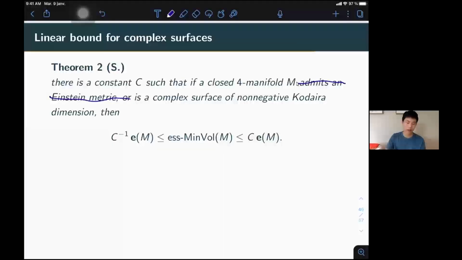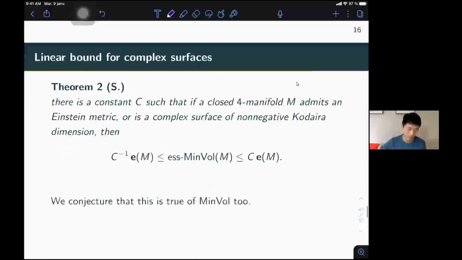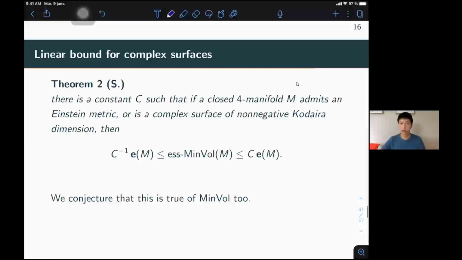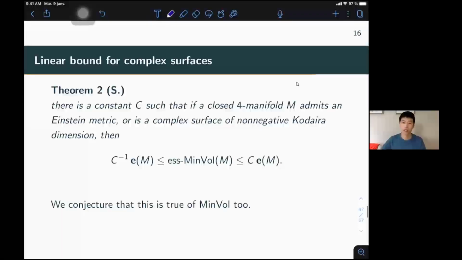And the theorem says that if you are a complex surface of non-negative Kodaira dimension, then the same is true. So the essential minimal volume is bounded by the Euler characteristic. So you have a rather decent estimate of what the essential minimal volume is. Pretty similar to the two-dimensional case again. And again, I think it's true for the minimal volume, but I don't know how to prove it.